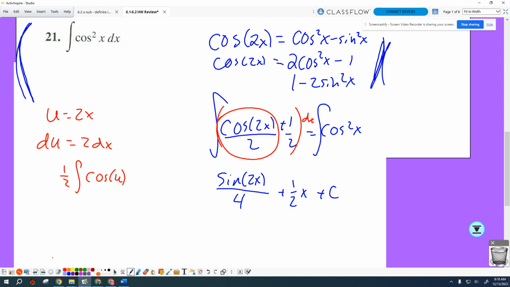So the dx is 1/2 du. Whose derivative is positive cosine? Preston said positive sine. Oh, yes. And then putting the 2x back in, I get sine 2x over 4, integrating 1/2, just get that x, and then plus c.